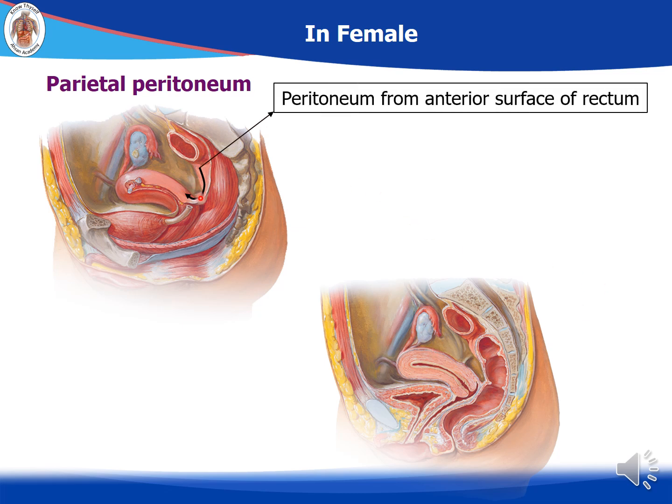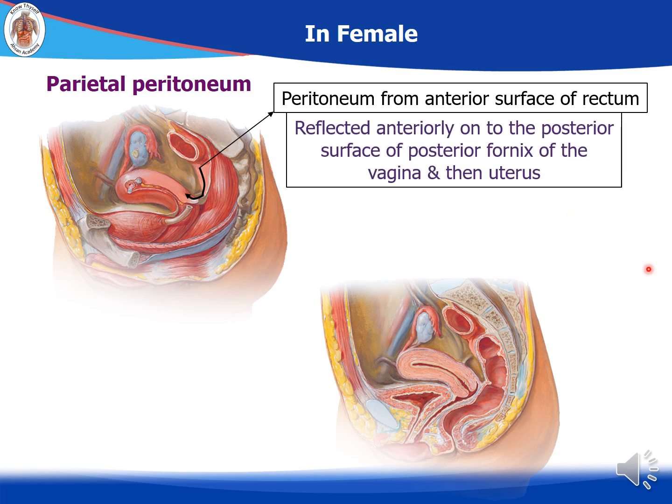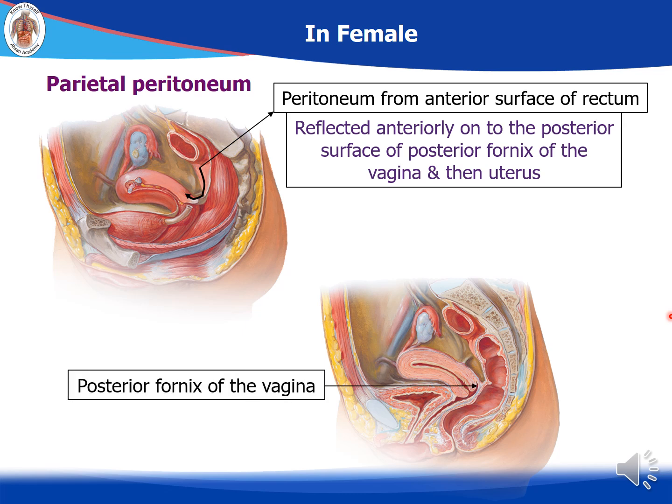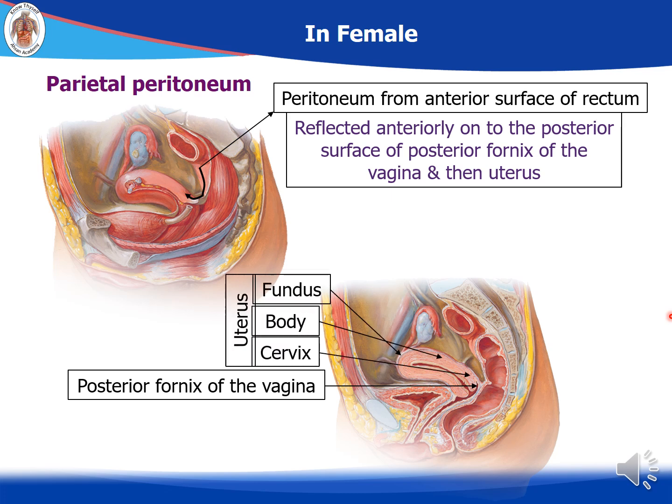This black line is showing the reflections. It is going from the anterior surface of the rectum, reflected onto the posterior fornix, then it will go to the uterus, the cervix of the uterus. This is the posterior fornix of the vagina, and this is the cervix, then the body and fundus.